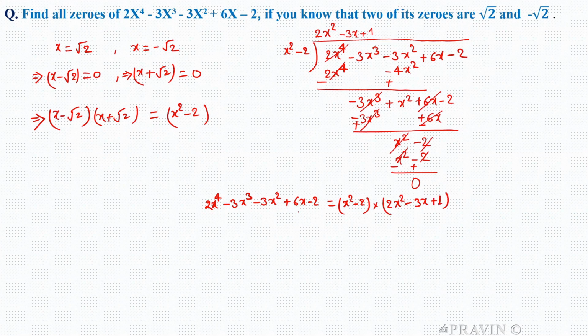Here I have basically written the dividend is equal to divisor into quotient plus remainder. Since the remainder is 0, that's why I have not written the remainder.